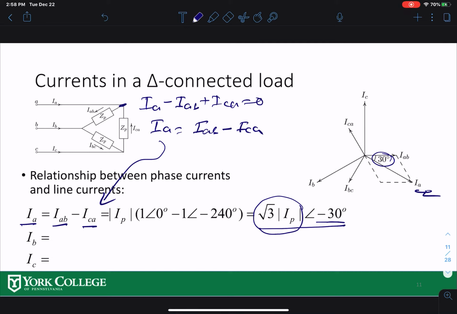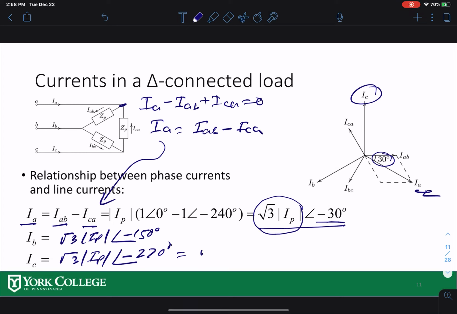So your current over here would be square root of 3 IP. There is no difference in magnitude. Your angle would be negative 150 degrees for IB. For IC, it would be square root of 3, no difference in magnitude. Your angle would be negative 270 degrees right here. All right, or you can also say that this would be square root of 3 IP at 90 degrees, same thing. All right, so that's how your currents are related in the delta connection.